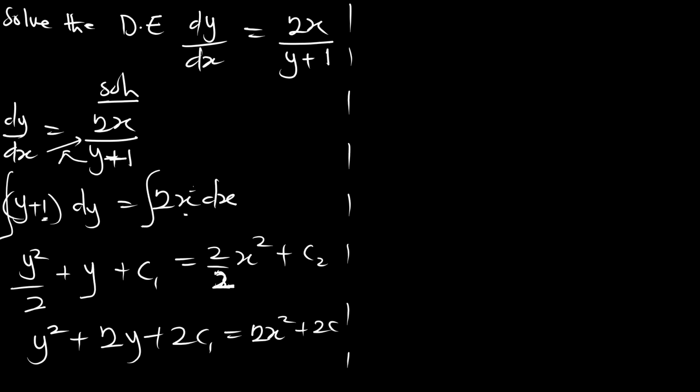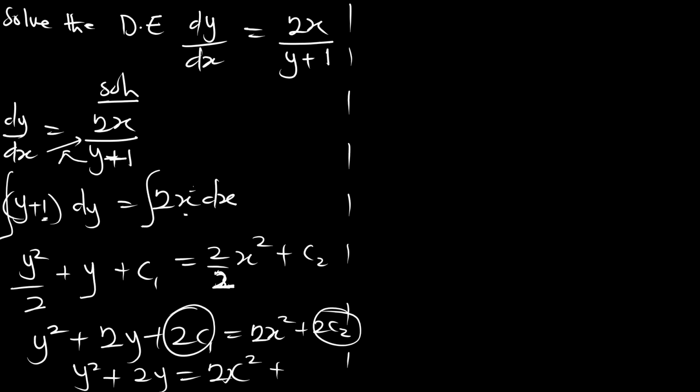Remember, all these are constants. So you can replace all of them by just a single constant, x squared plus a c naught. This is our solution. Are we okay?